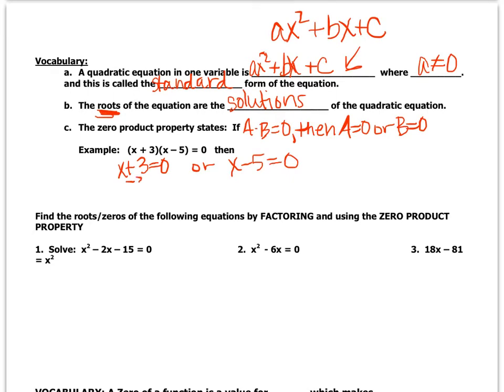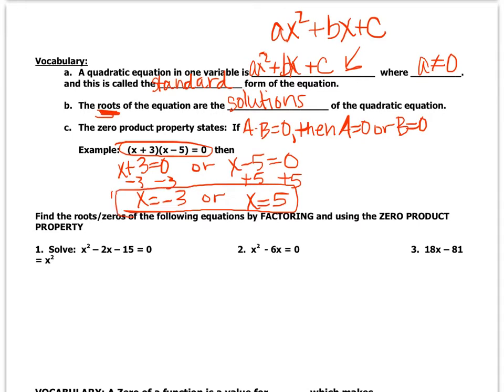Then solving both, I can subtract 3 from both, so x equals negative 3, or I can add 5 to both of these, so x equals 5. So my two solutions to this equation, or my two roots, are x equals negative 3 or x equals 5.